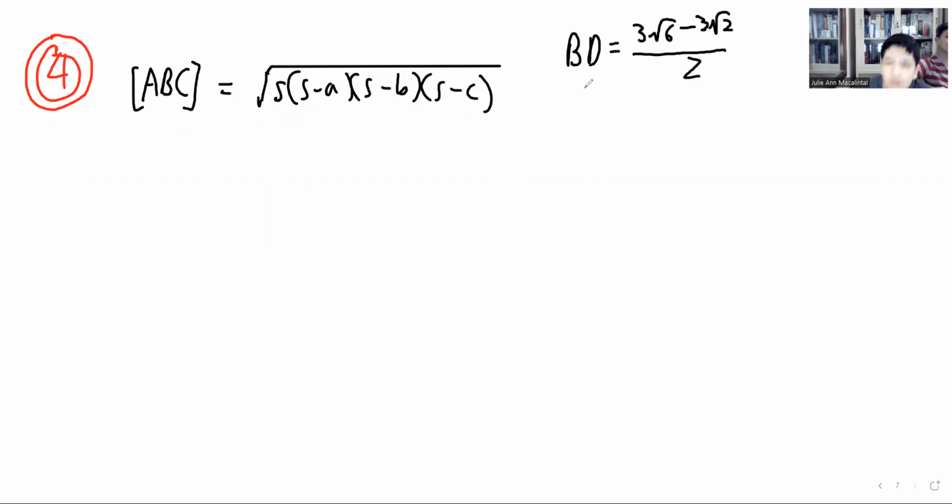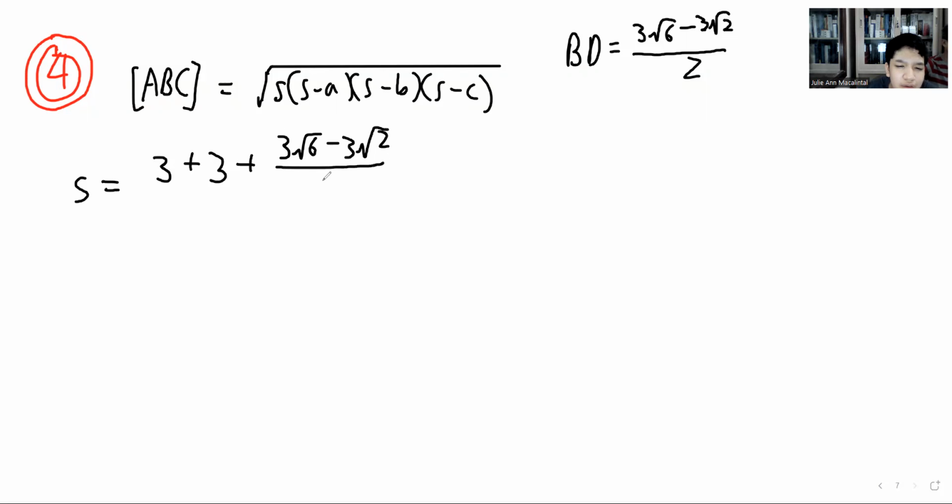Okay, so it's over 2. So just calculating S is already not really hard, but it looks complicated. So just calculating S. So we can integrate these here.